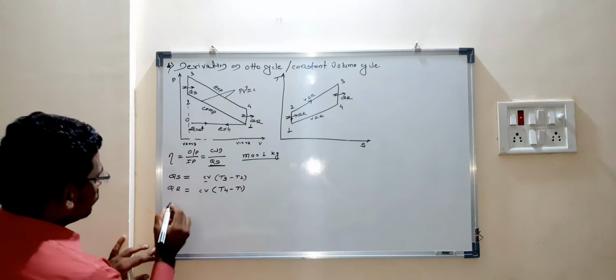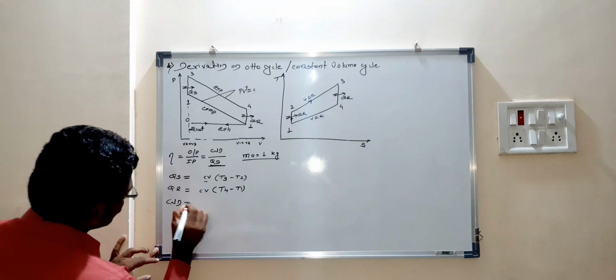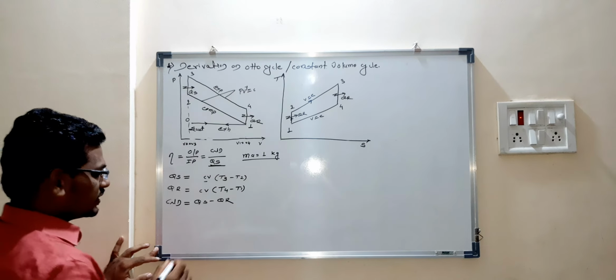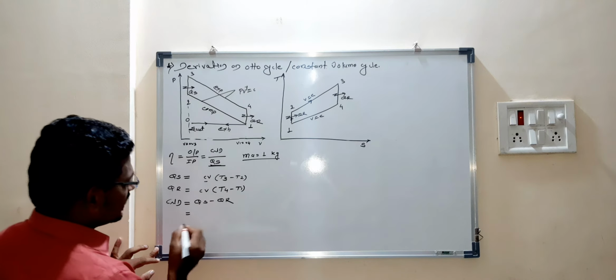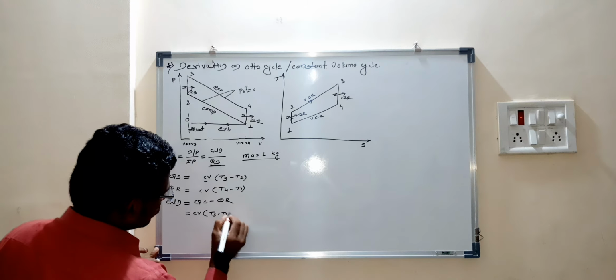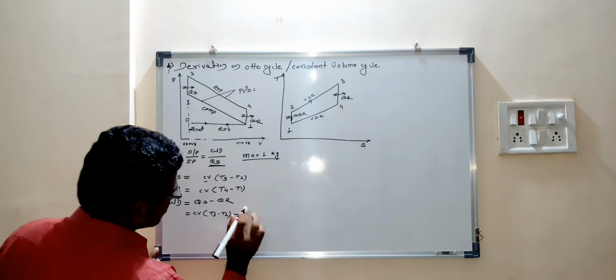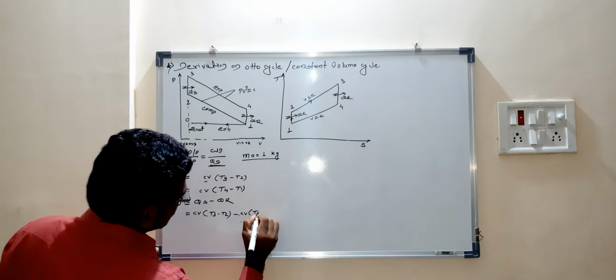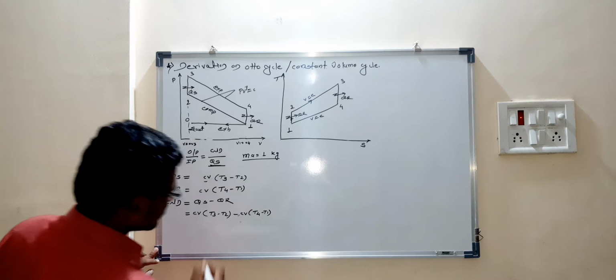Okay. Now work done is heat supplied minus heat rejected. Now substitute the values of QS and QR: Cv (T3 minus T2) minus Cv (T4 minus T1).